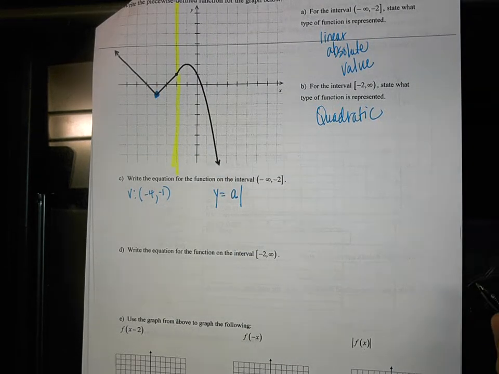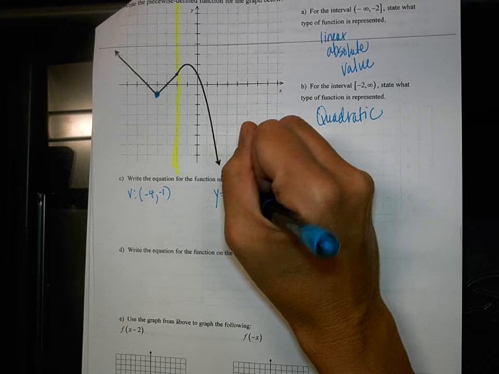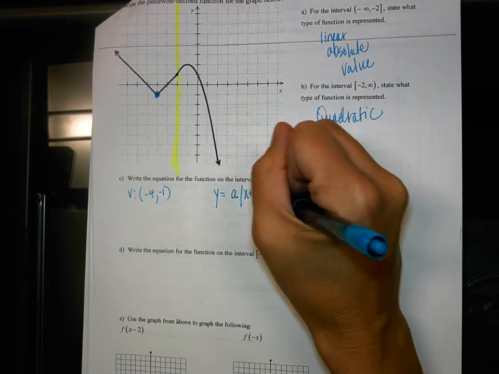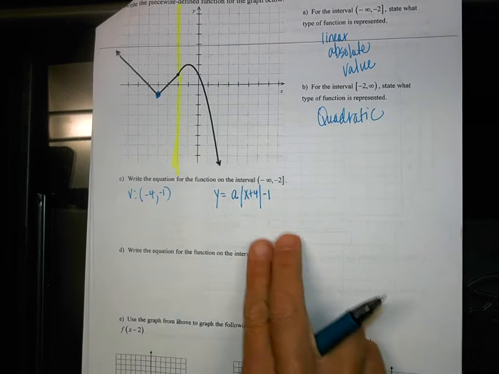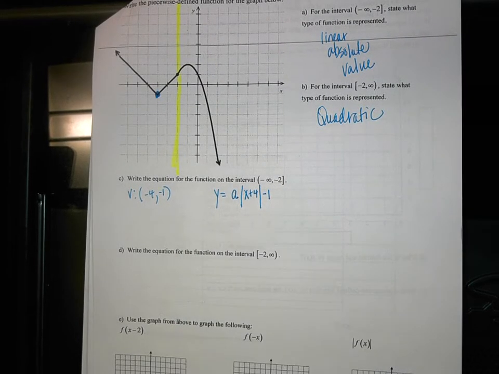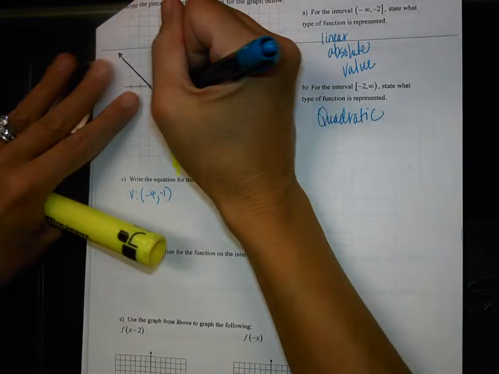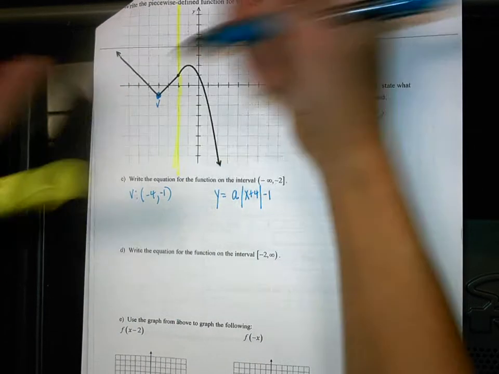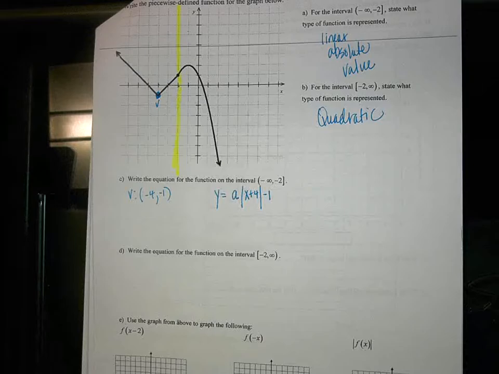Very good, x plus 4, and then what? Minus 1. So all we're doing is using our vertex and putting it into the equation. Yes? Because that's where our vertex is. So here's our vertex. It's at negative 1, 2, 3, 4, negative 1. Okay, yes or no? We're good?